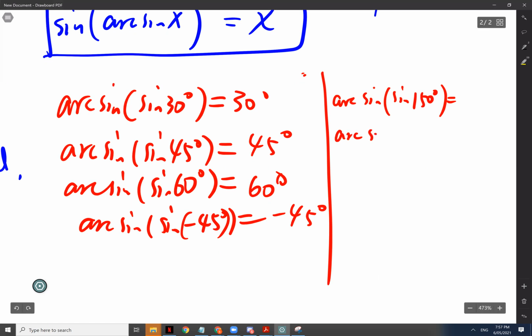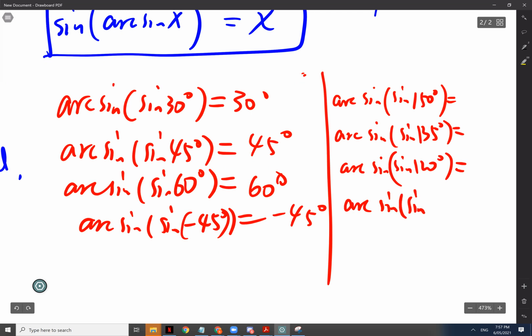Arcsine 135. Arcsine 120. Arcsine, give you another one, 210. Arcsin is sine inverse. I will try these four questions. We try to mix inverse function and trig together.